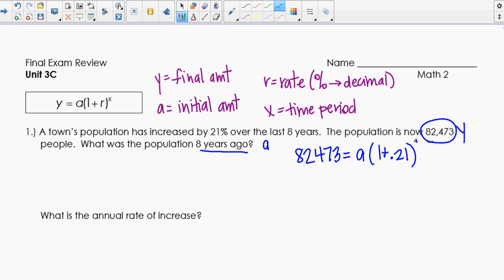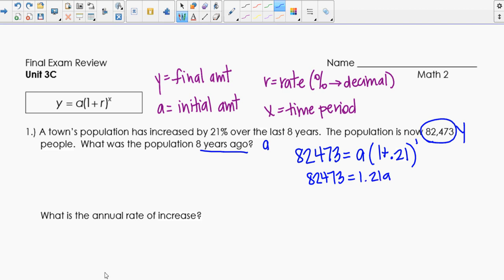So that's just going to be a 1 because it's one time period. This 21% isn't an annual rate, it's a time period rate. Okay, so we know anything to the first power is itself, so we really end up with 82,473 equals 1.21 times A.